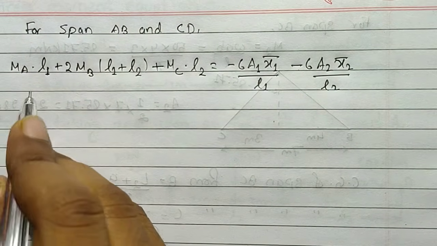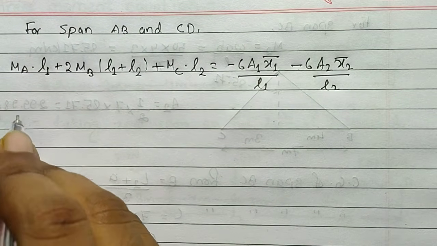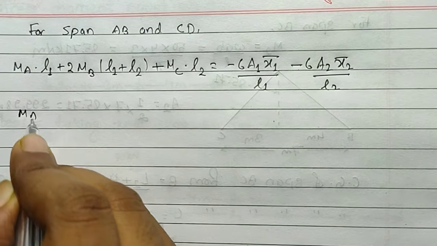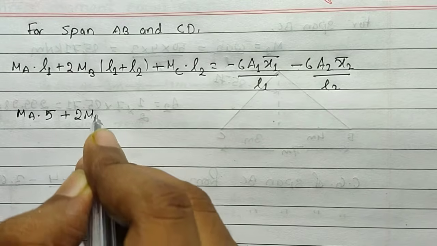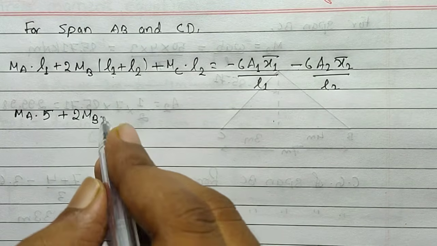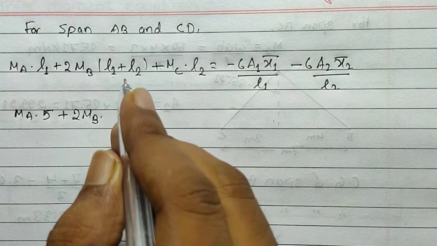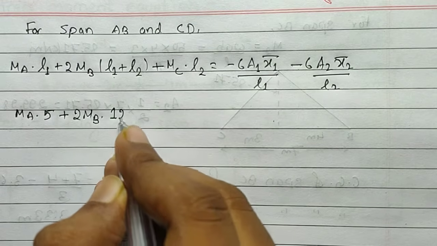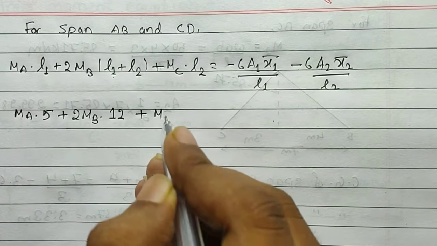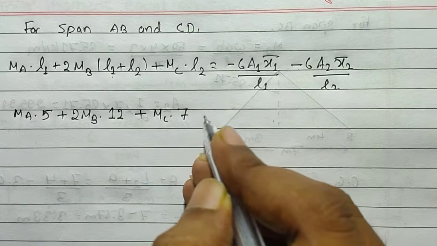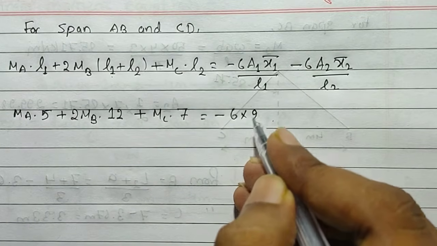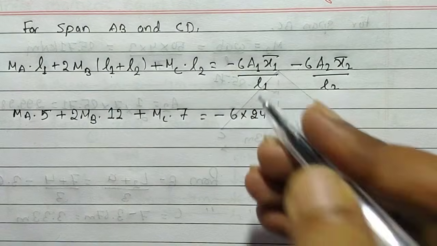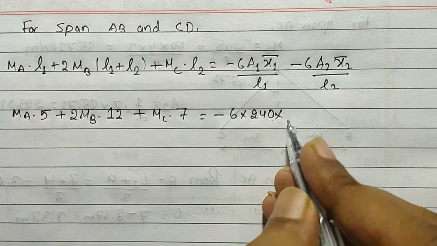The value of L1 is 5 meters, so we will have here MA times 5 plus 2 MB times (L1 plus L2), which is 5 plus 7, that is 12, plus MC times L2, which is 7, equals minus 6 into A1, which is 240, into... now what to take as CG here.